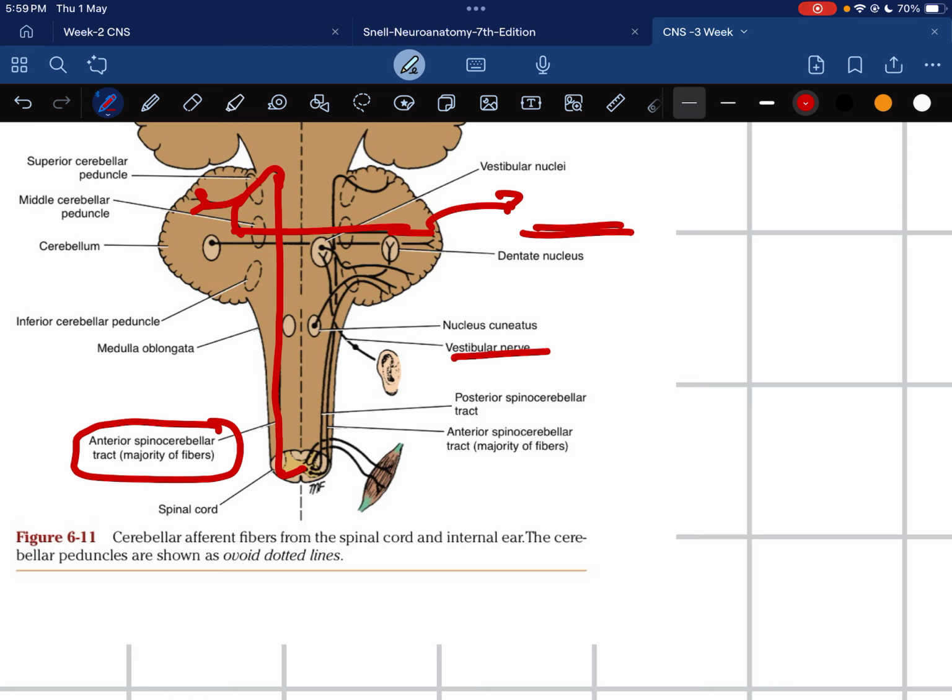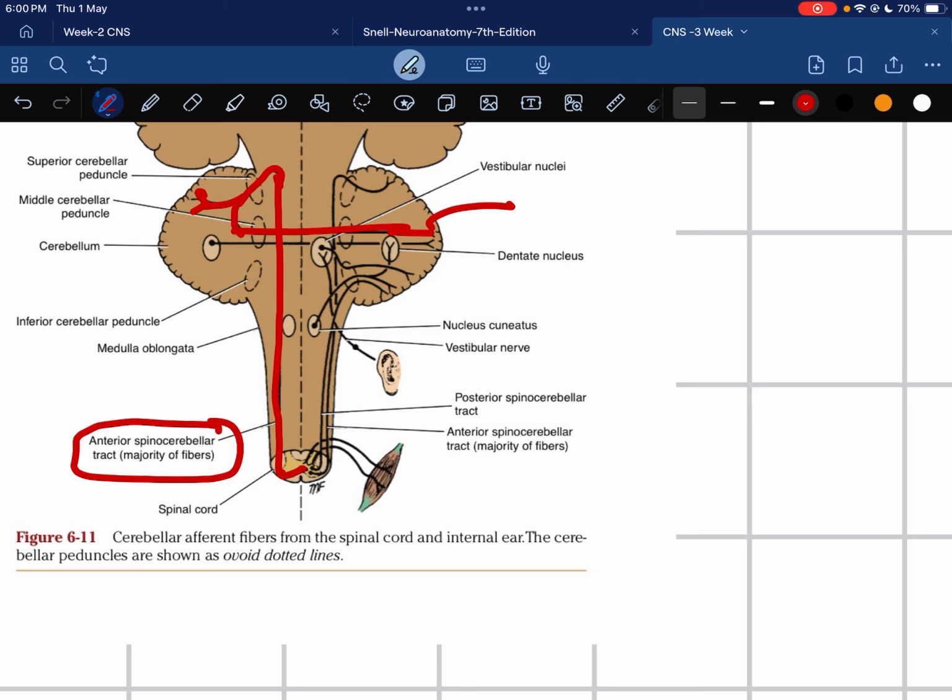The vestibular nerve gives information to the vestibular nuclei, and the vestibular nuclei pass some nerve fibers through the inferior cerebellar peduncles. And also there is the nucleus cuneatus. This is for the cuneocerebellar tract, and the information from the cuneocerebellar tract goes into the cerebellum by the inferior cerebellar peduncles.